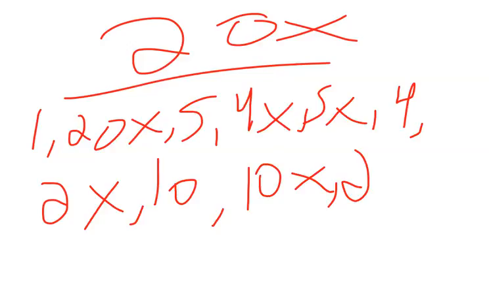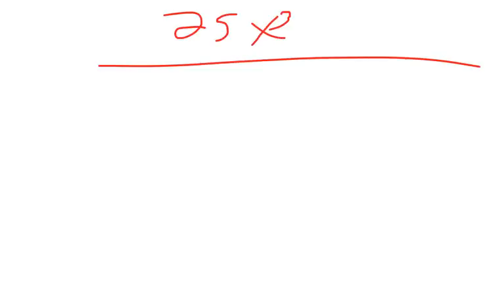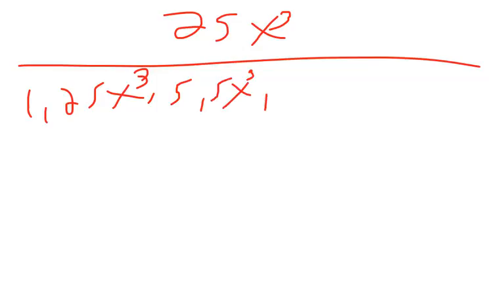It gets a little bit harder with variables. So for instance, 25x cubed. This one is going to be a good amount. You have 5 times 5x cubed.